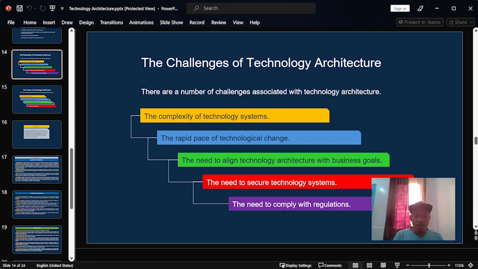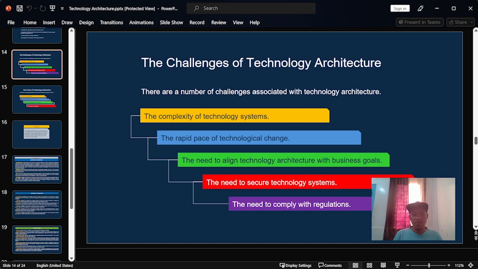Ayan, parang the need to align technology architecture with business goals. So the technology architecture should be aligned. So anong business goal mo? So anong future ng business mo? So your technology architecture, it should be aligned to this para makasabay yung business sa technology na ina-adapt mo.